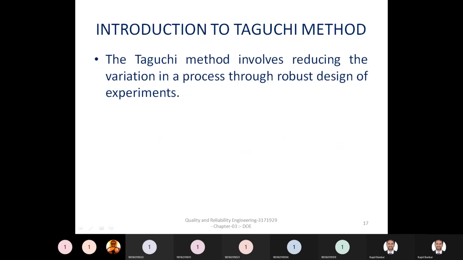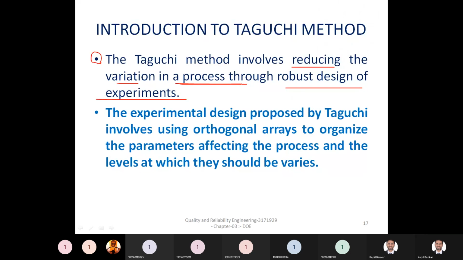The Taguchi method involves reducing the variation in a process through robust design of experiments. Through this design, you can reduce the variation in the process, and that design is known as robust design of experiments. The experimental design proposed by Dr. Genichi Taguchi involves using, and this is the most important word, orthogonal arrays.